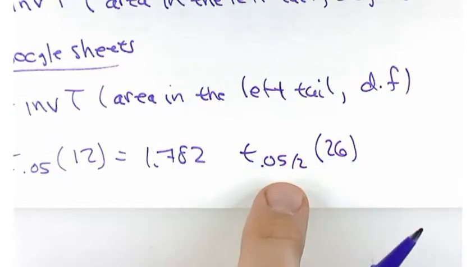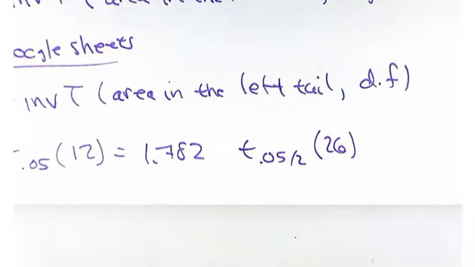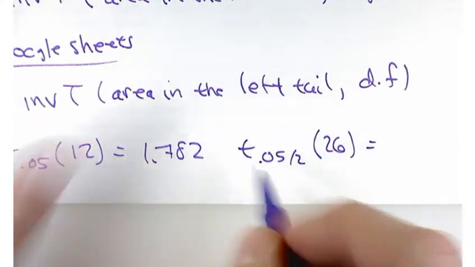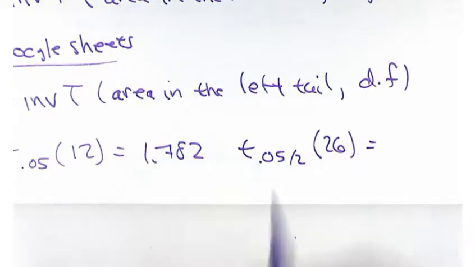Now it's up to you if you want to calculate that ahead of time or if you want to make your calculator just deal with it, whatever you want to do. But you do have to account for the fact that the area here is going to be the area in the right tail. Your calculator is going to give you something in the left tail.